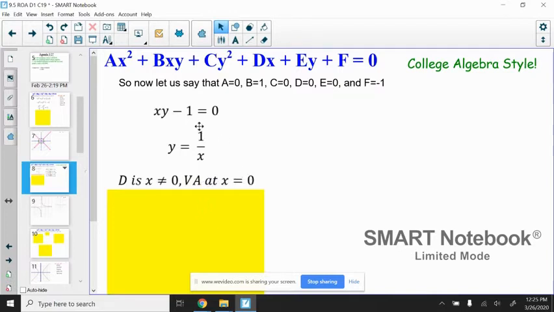At the same time, since there is a constant 1 in the numerator, there's no way I'm ever going to get 0 in a division problem, because it must be 0 divided by a non-zero number, which means that my range will also never be 0, which implies there's a horizontal asymptote with y equal to 0. So this is how we used to do things in college algebra.